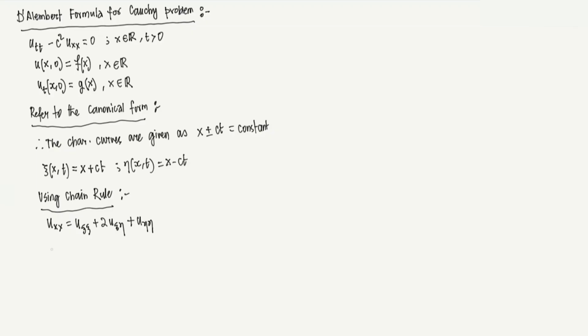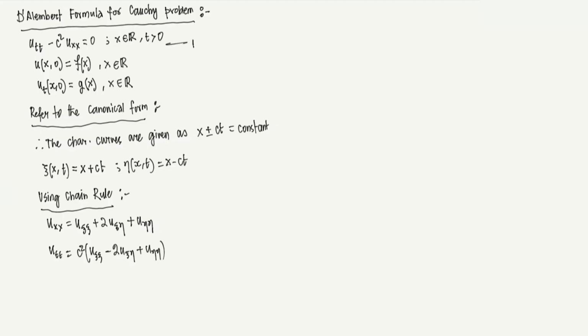Clear? And then u_tt can be written as c squared times (u_xi xi minus 2 u_xi eta plus u_eta eta). Is it okay? Yes.